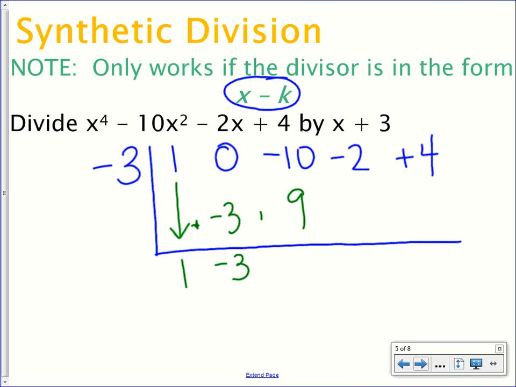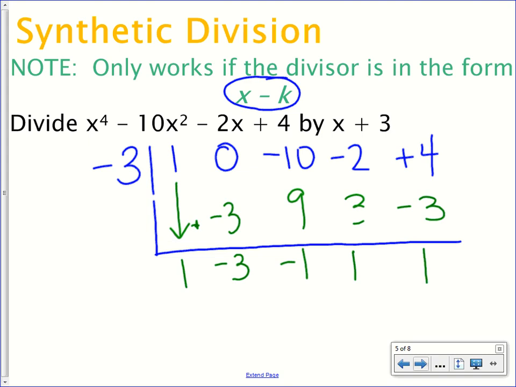We add this column to get negative 1. Negative 1 times negative 3 gets us 3. We're going to add the column to get 1. 1 times negative 3 is negative 3. We're going to add this column to get 1.